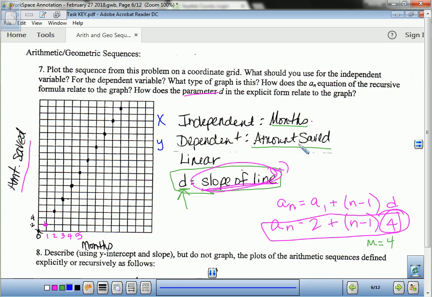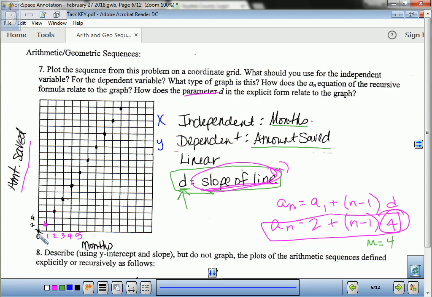So if you can say it like that, then you can figure out the dependent versus the independent. Now, yesterday we did point out that that common difference does end up being the slope of this discrete data points that would form a line. Up 4 over 1, up 4 over 1. Our common difference was 4.